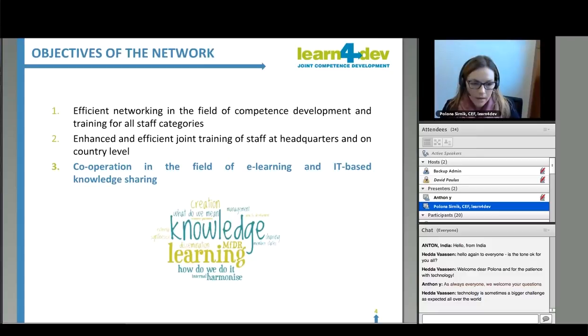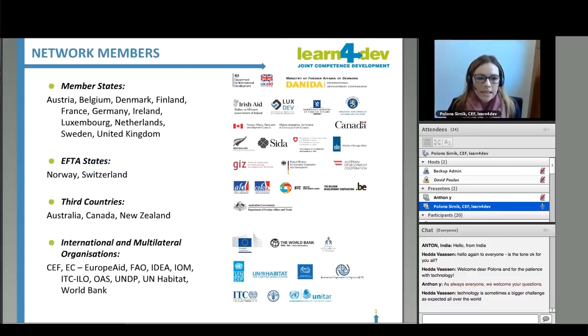So, as you can see on the slide, there are many member states that are represented in the network through their international development cooperation departments and agencies.